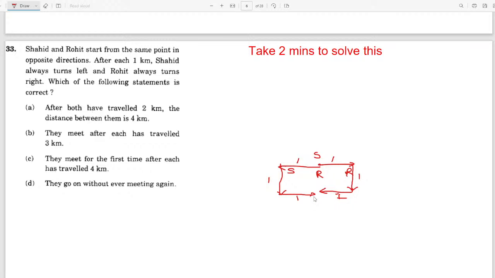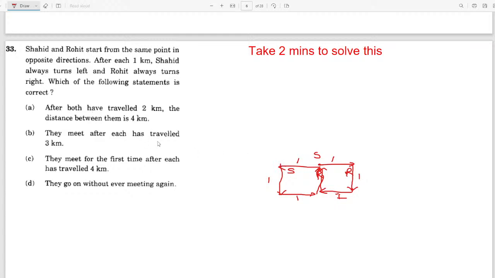Shahid again takes a left turn, so he goes to the starting point again. And Rohit also goes to the starting point. He again takes right. So they are moving not in a circular way, but in a square path of each side 1 kilometer.